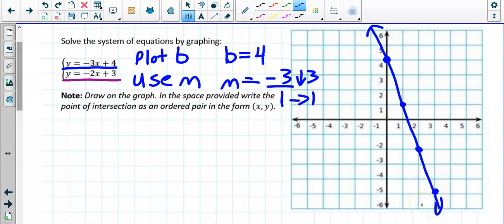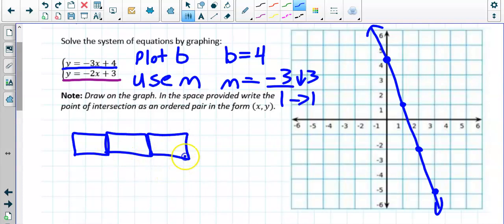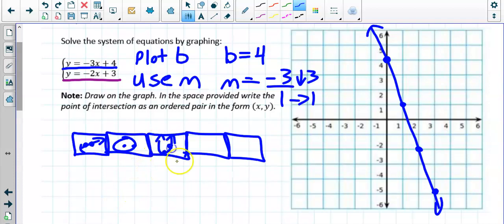Remember in iMath you'll have those little tools down below. One has the line with 2 dots, one has the circle with 2 dots, and I think one has the quadratic and the absolute value.